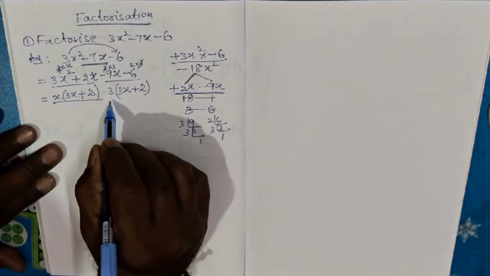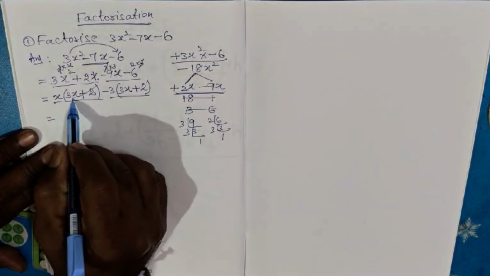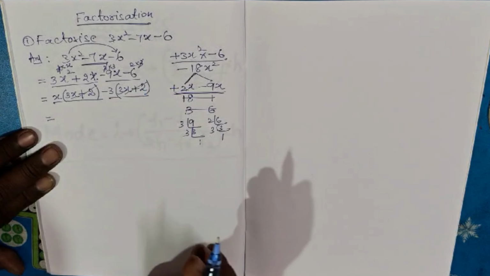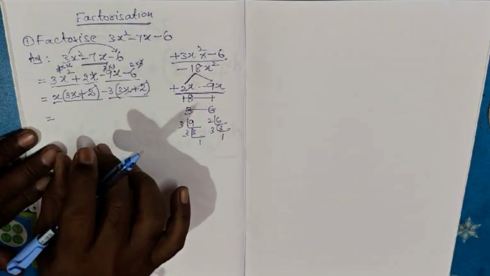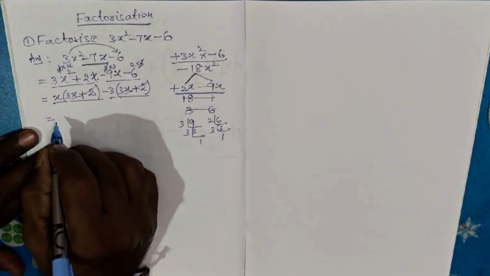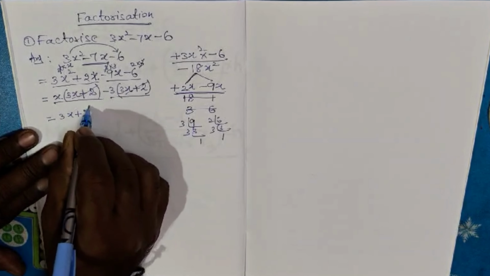Now once again we have to go for common in these two. 3x plus 2, 3x plus 2 is common. It is not cancellation. Just we are cancelling the common terms to know what terms are remaining there. 3x plus 2 is common.